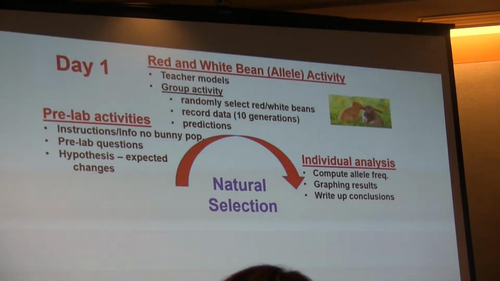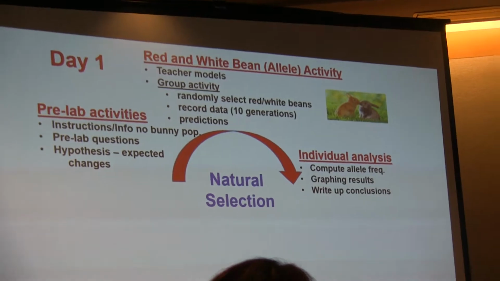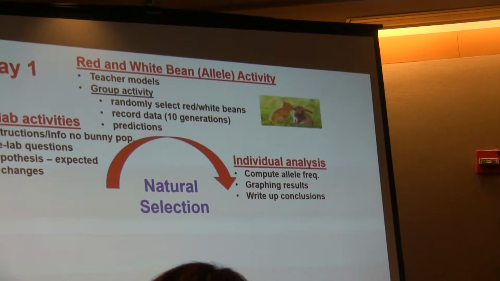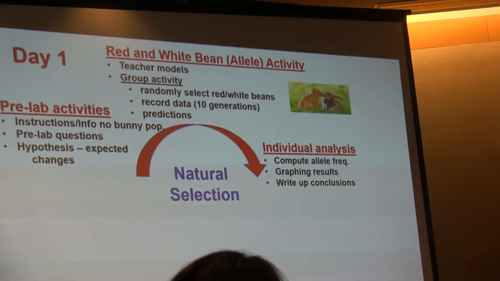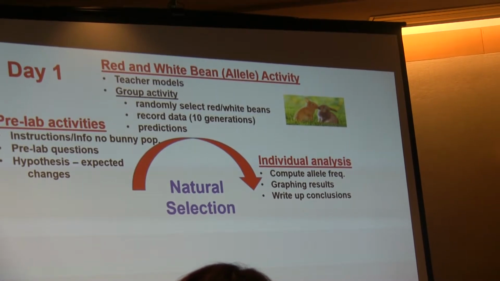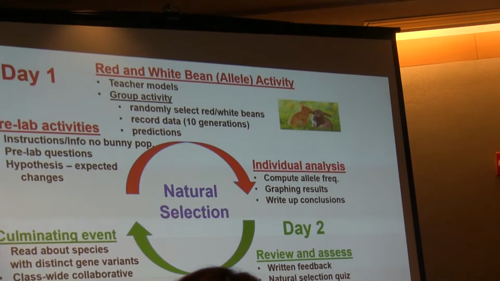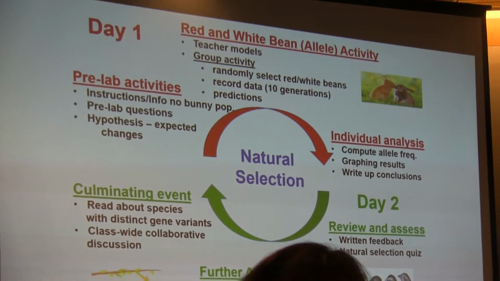Students were asked to randomly select these beans, record the data, compute the data, make predictions about what they thought would happen, graph the results, and write up the results. That was day one.